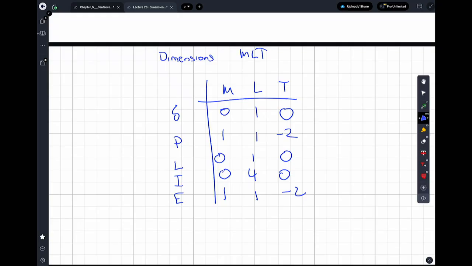What should stick out to you right away is that P and E have both the same order for M and T. So if you started to do any type of analysis on that, you'd get rid of it. So effectively, it's two-dimensional.